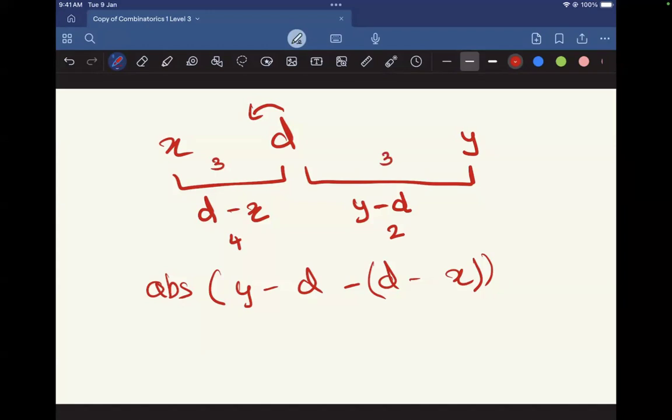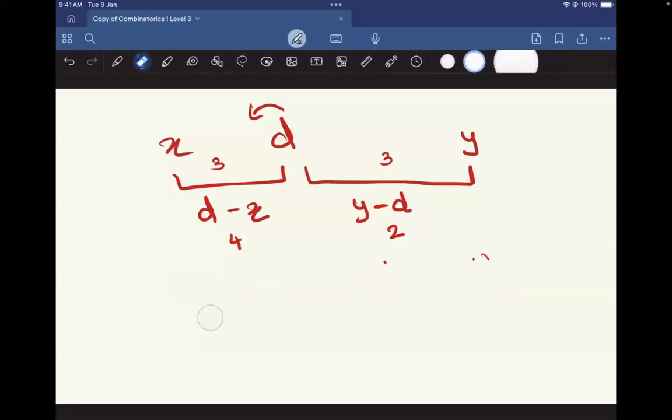Correct? Yes or no, guys? Yes. Now, how many moves did I perform? If this is 4 and this is 2, the difference is 4 minus 2, which is 2.